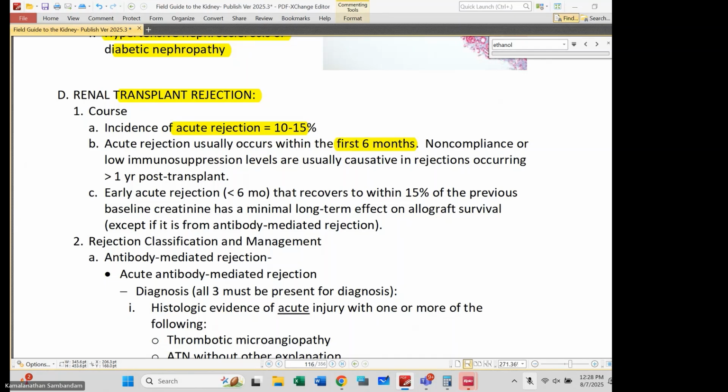When you see a rejection that occurs, particularly after the first year, you really should be digging deep for non-compliance or inadvertent drops in calcineurin inhibitor levels, right? From a patient, for instance, who was started on rifampin, a P450 enzyme inducer, right? That would drop your calcineurin inhibitors. Or somebody who was placed on fluconazole, and originally their CNIs were appropriately reduced because fluconazole would raise CNI levels.